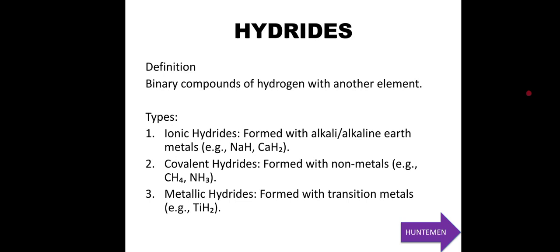Covalent hydrides, for example, we have CH4, NH3. Those are examples of non-metallic hydrides. Number 3, metallic hydrides. These ones are formed with transition metals. Example, titanium hydride.